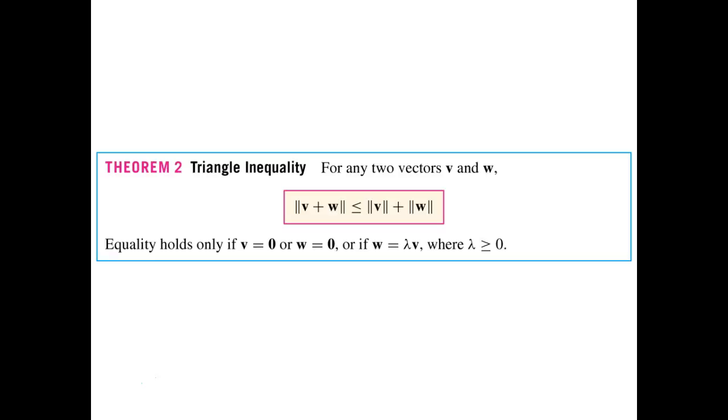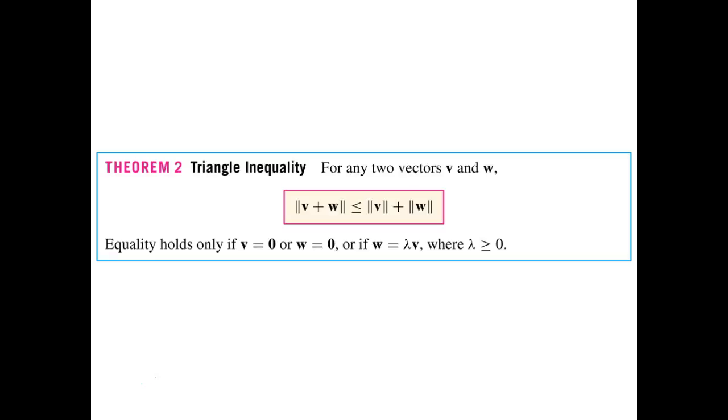Okay? The only time it's equal is if one of them is the zero vector, which we usually exclude, or if one of them is an exact multiple of the other. In other words, they're collinear.